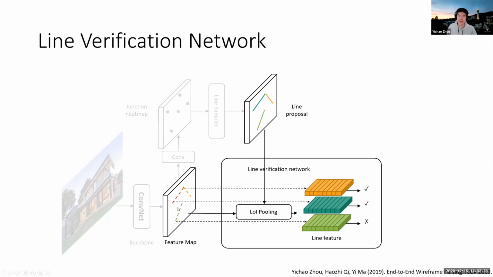For each line, we sample several points, let's say 64 points along the line, concatenate their features together, and use a neural network to classify whether this line is valid or not. It's very similar to the previous object detection pipeline.